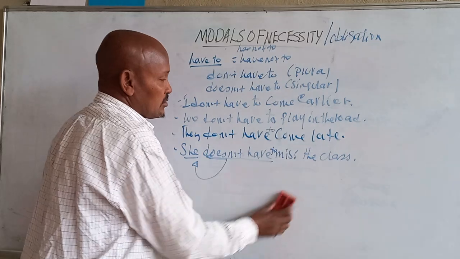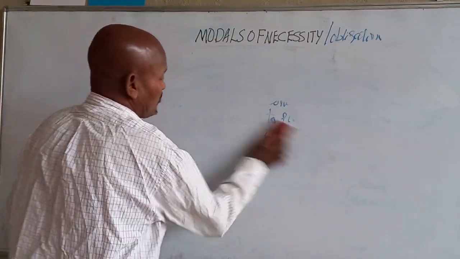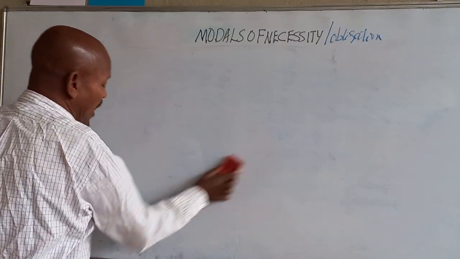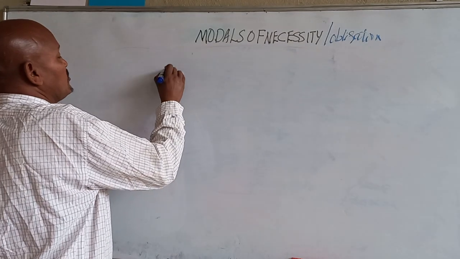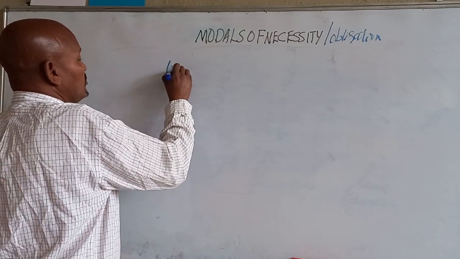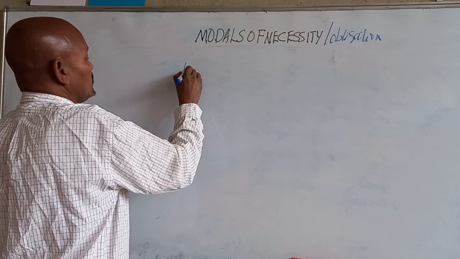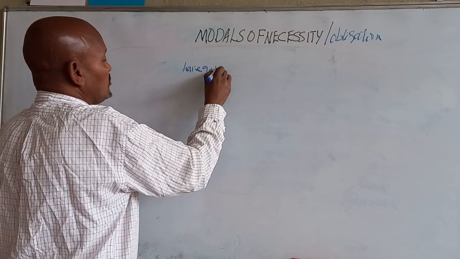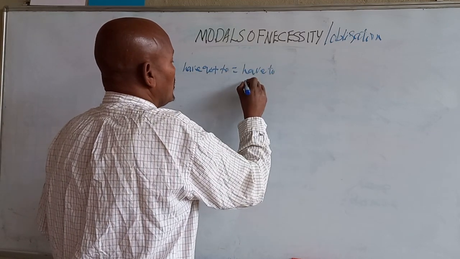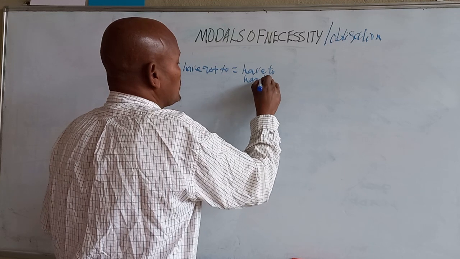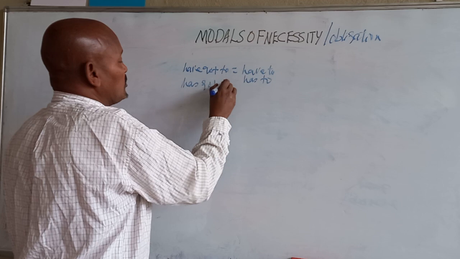Yeah, and the other very important part here is have got to. As I try to explain the similarity of these two, have to, or has to, and have got to, or has got to.